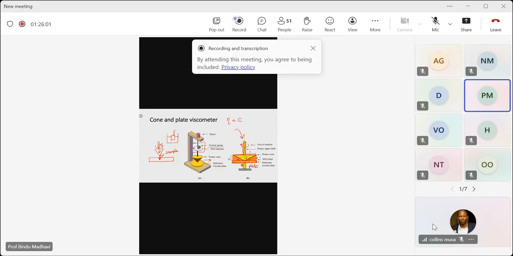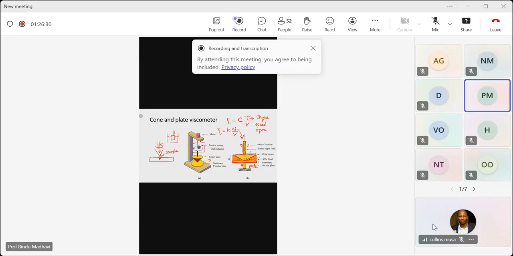We are going to use the same formula, but instead of K, we are going to use a constant called C. So it is just a differentiation from the previous formula. The previous formula was eta equals K W over V. Here it is C, the constant, times torque over V. This is the torque or the work done by the cone.